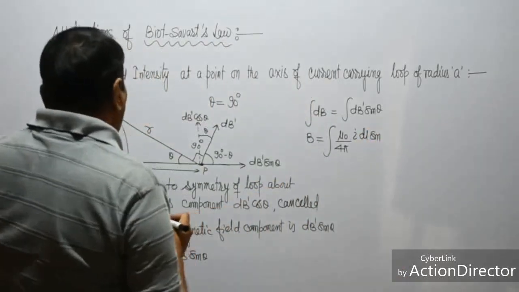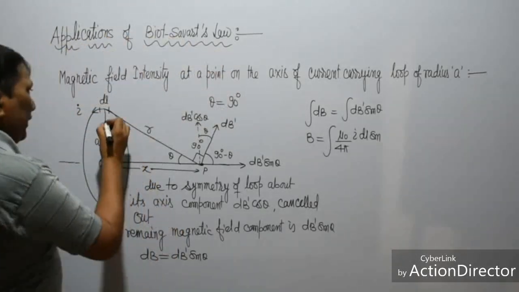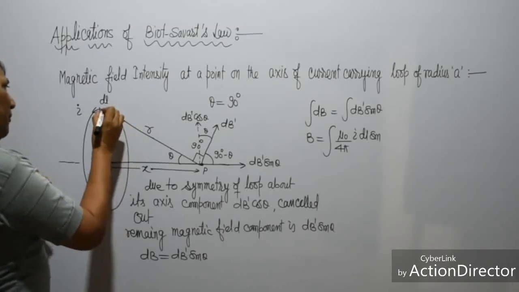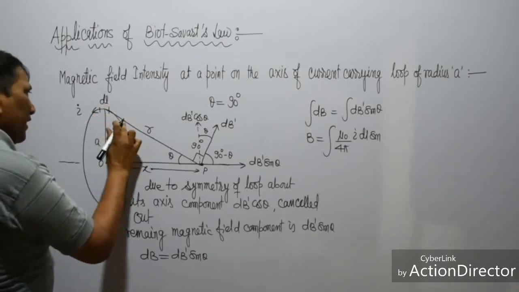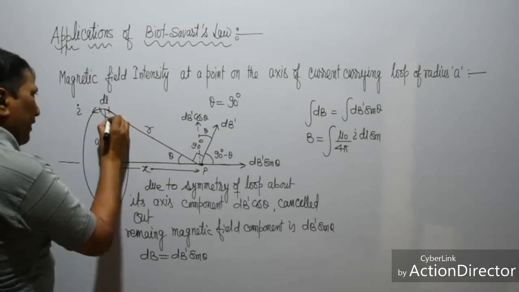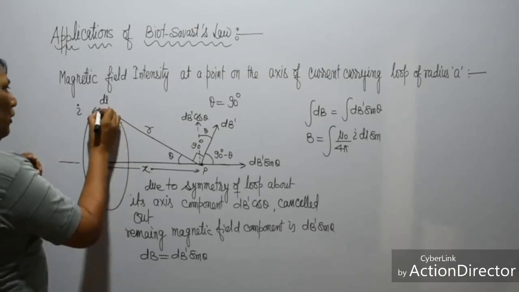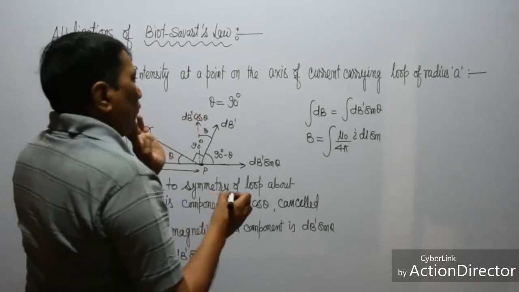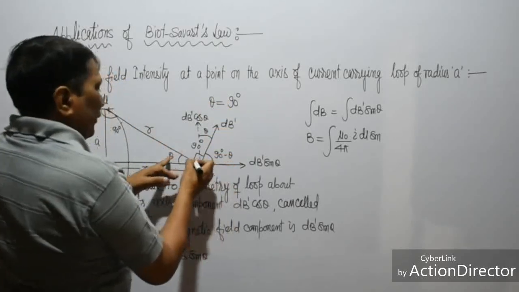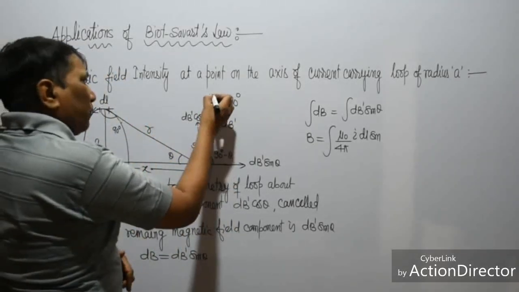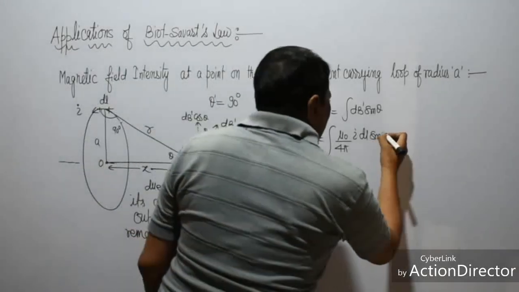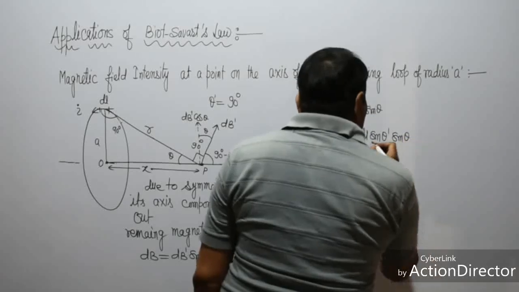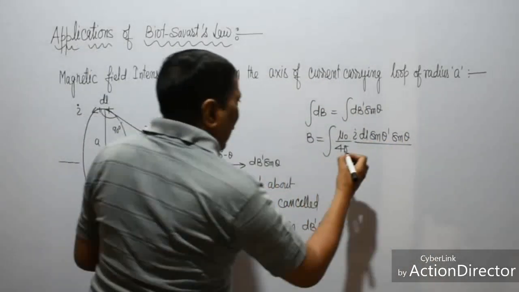Now for Biot Savart law, theta equal to this angle is equal to 90 degree with this line segment. इस लाइन सेगमेंट के साथ जो एंगल बनेगा वो थीटा. इसमें हम लोगों ने थीटा ले लिया, इस एंगल को आप कुछ और थीटा डैश कह देते हैं, तो sin theta dash into sin theta divided by this r square.